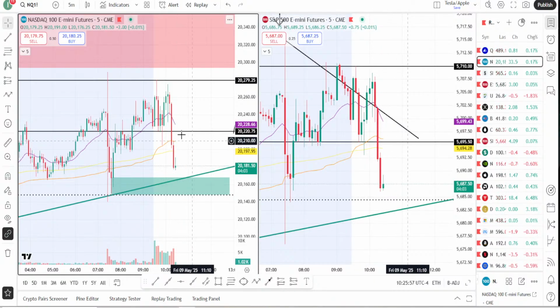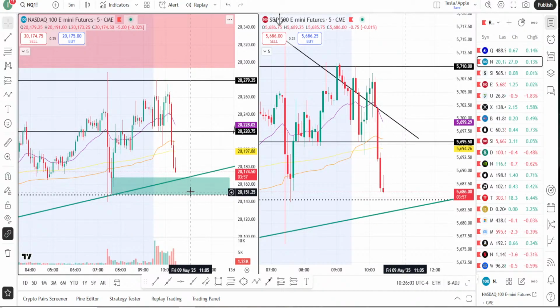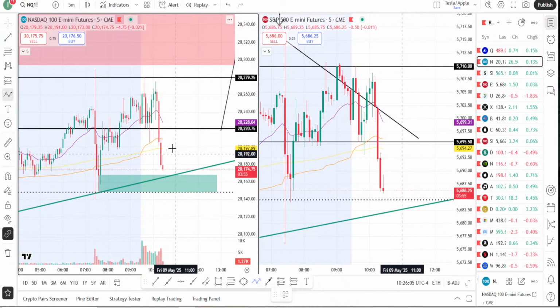We broke below the 15-minute opening range, but we have yesterday's closing price right below, so be careful because we could bounce off of that.